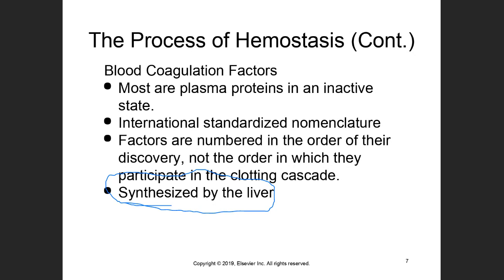So if you have a problem with the liver, you have a problem with coagulation. That's why, as you will face when you get to the hospital, it is extremely hard to do surgery on patients with liver problems, because for sure they are going to have problems with bleeding.